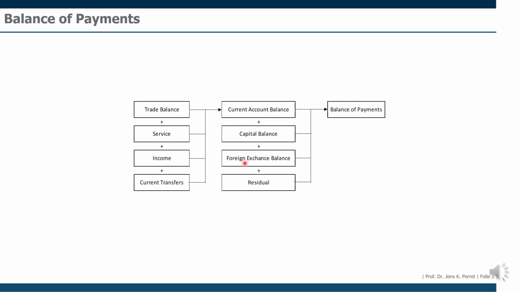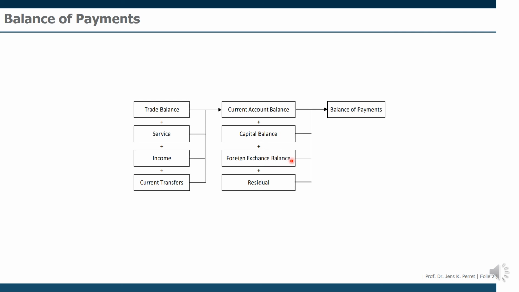That's something which is booked in the foreign exchange balance. But again, in most countries, this is just a minor position. Especially, fluctuations usually happen on a broader scale only if you have a fixed exchange rate regime. With flexible exchange rate regimes, there are not a lot of fluctuations in most cases in this foreign exchange balance.